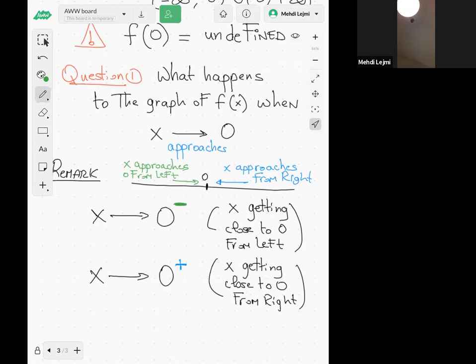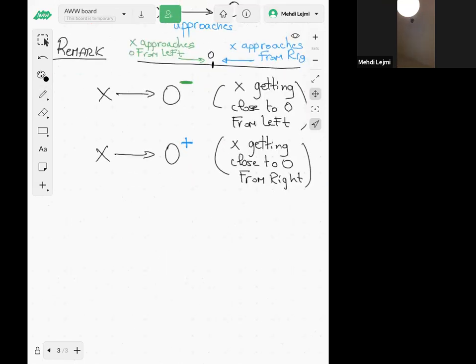Now, as I said, the question is, what happens to the graph of f when x approaches 0? And as I said, there are two ways to approach 0, either from the right or from the left. So when x approaches 0 from the right, on the number line, this is 0, and you are trying to get very close to 0.